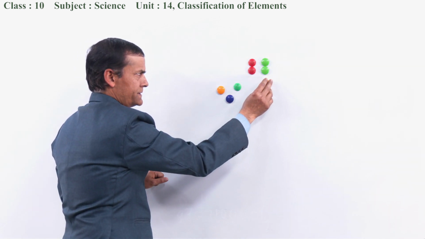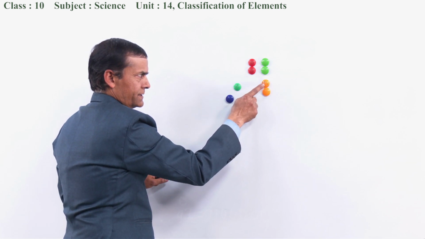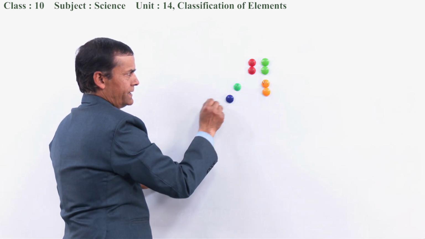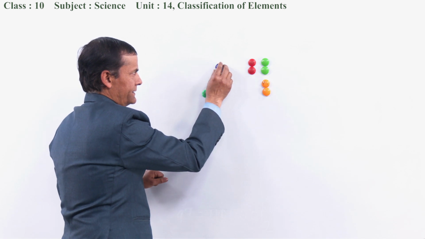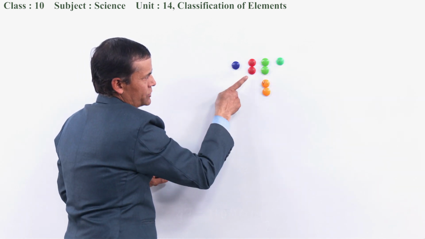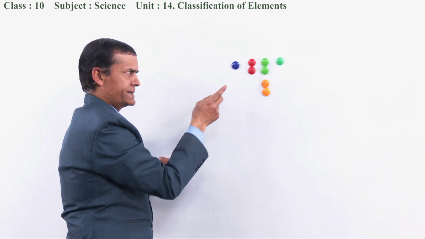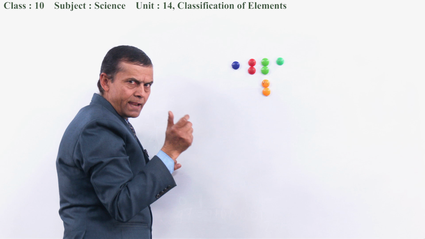Another classification is, look here, as per the next color, that is orange color. Then this is a separate color, it is the next separate color. So substances are categorized like this according to their characteristics.